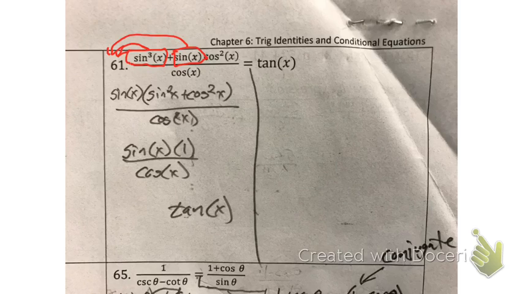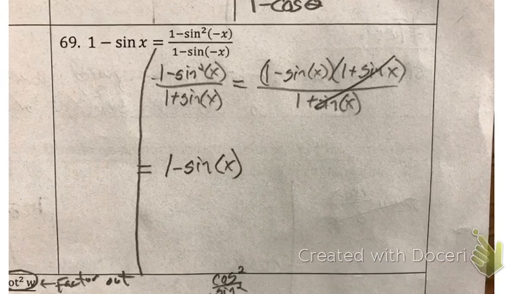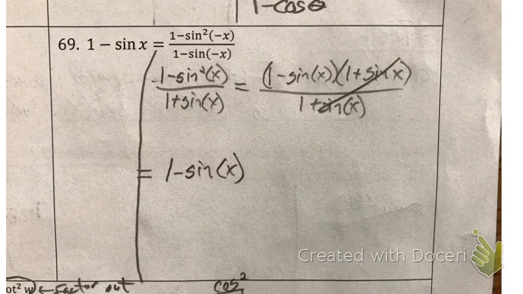Russ? Could you just go through 69? Yeah. So I guess the big thing about number 69 is that you have a difference of squares. You actually have a difference of squares there.